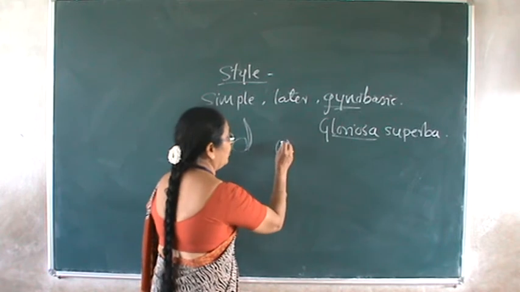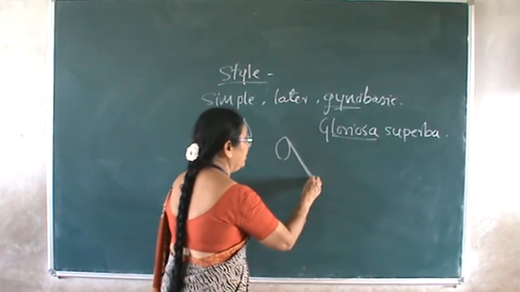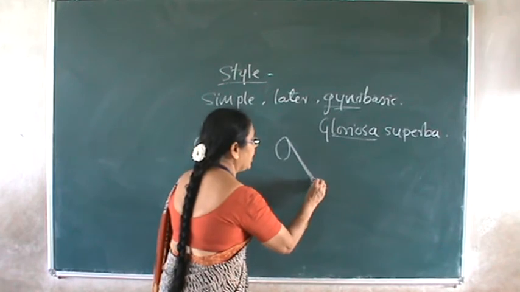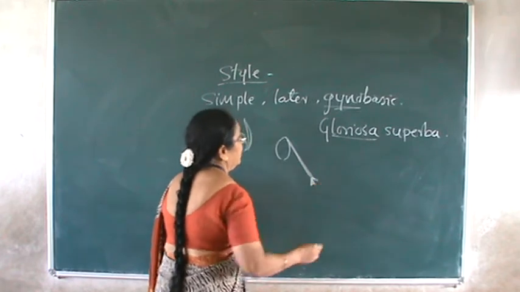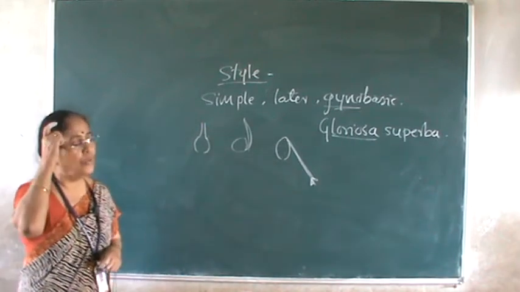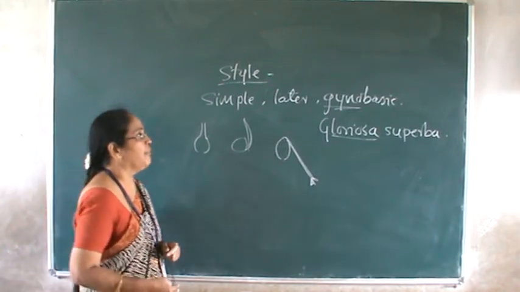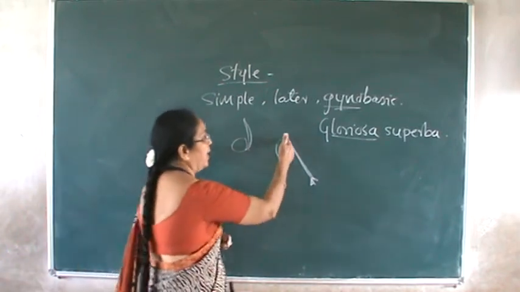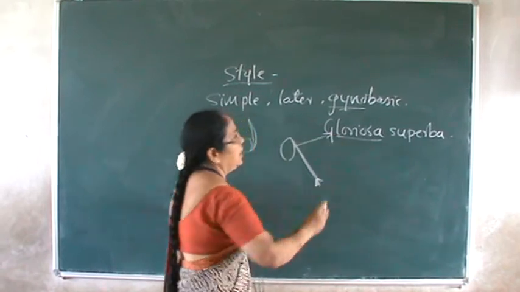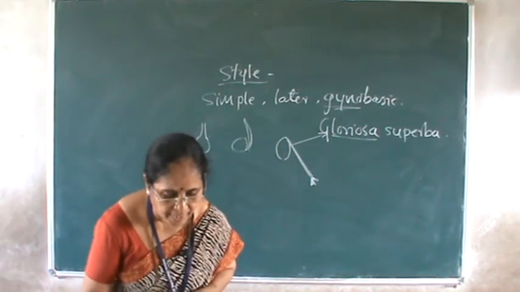The style is completely bent in the downward direction. It has a tri-fid stigma, and it is at right angles to the ovary. It holds the stigma away from the stamens in the Gloriosa flower, and this is a very special type of style found in Gloriosa. This was missing in that video, and this can be added there.